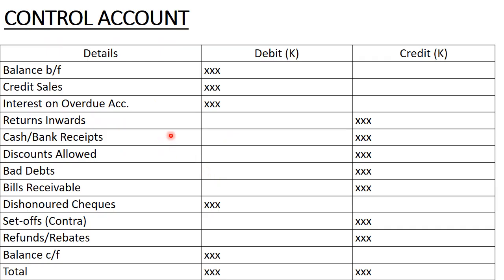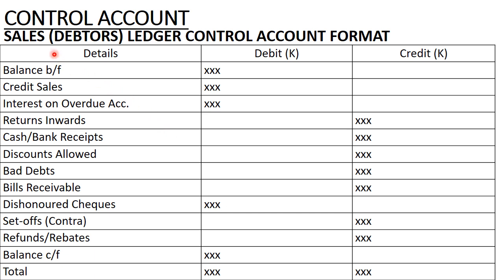So, this is the format of the debtors ledger control account or sales ledger control account. These are the common transactions that you're going to find, okay? You can have a balance, which is on the debit side; credit sales, debit; interest on overdue, debit; returns inwards, credit, which simply means you have sold, then they have been returned.